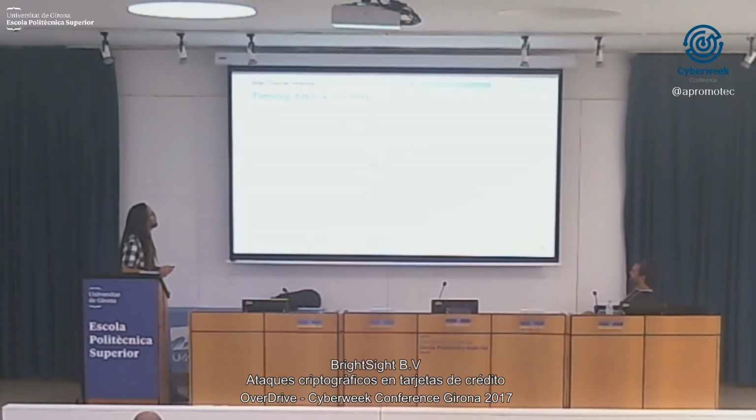So, this is a simple example of a timing attack on the pin. We know that we usually use pin authentication to buy stuff. So this is a very bad implementation, because it's doing the comparison digit by digit.